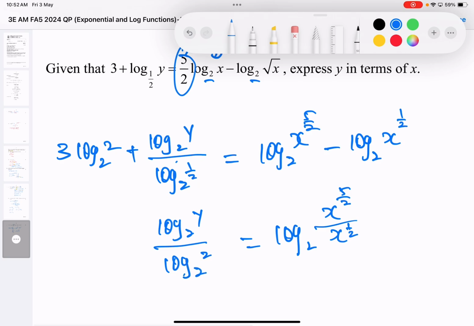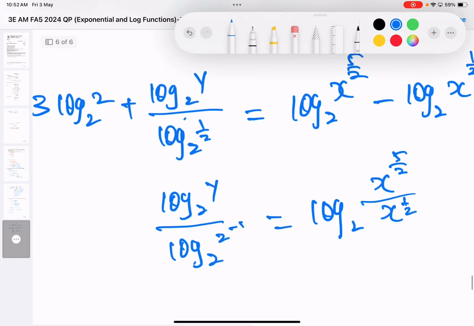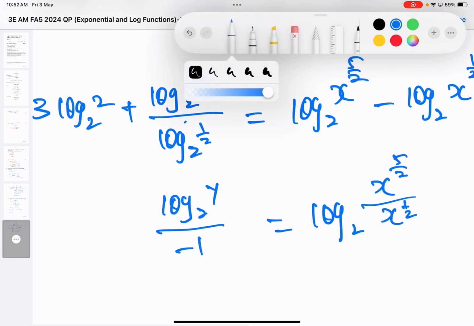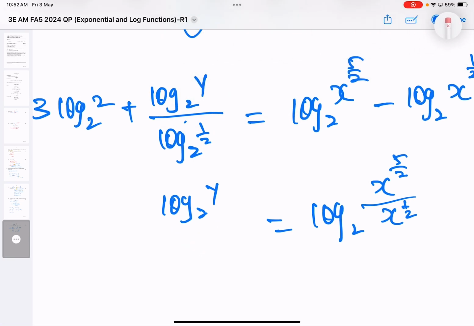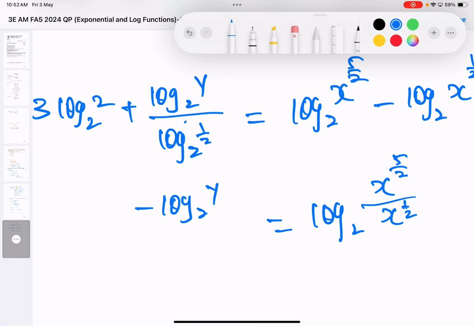Half can be written as 2 to the power of negative 1. Correct? So what can we do to this power? Flip. Bring it down. Correct? The power drops. Okay, so essentially this whole thing at the bottom is just negative 1. This divided by negative 1 essentially is just minus. Is that okay?